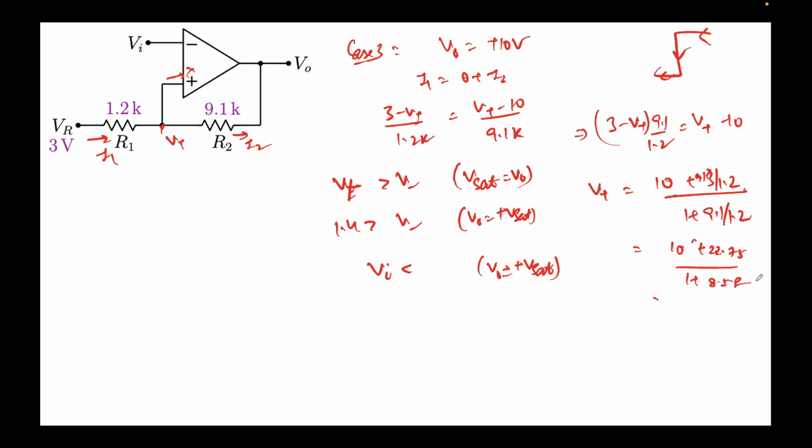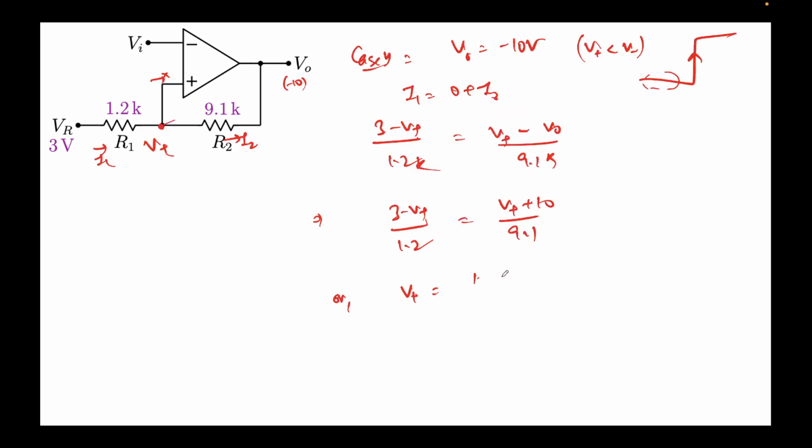So 9.1 divided by 1.2 is 7.58, so that comes out to be 32.75 over 8.58. 32.75 divided by 8.58 comes out to be around 3.8 volts. So if Vi is less than 3.8 volts, we'll stay in plus V sat, and this is the switching point.